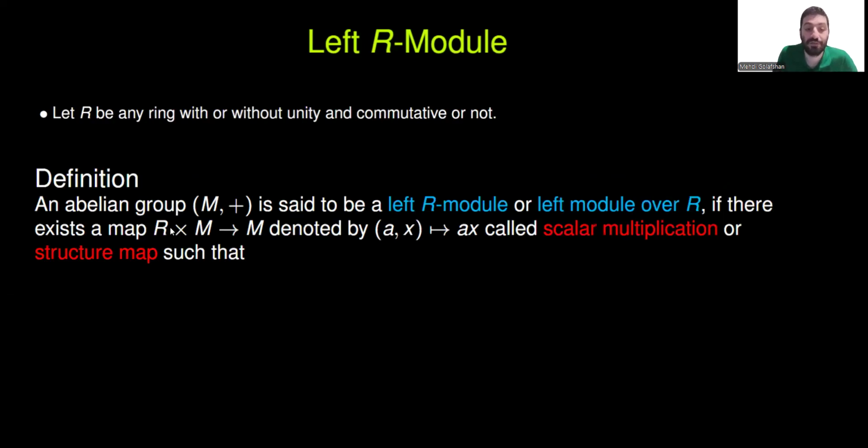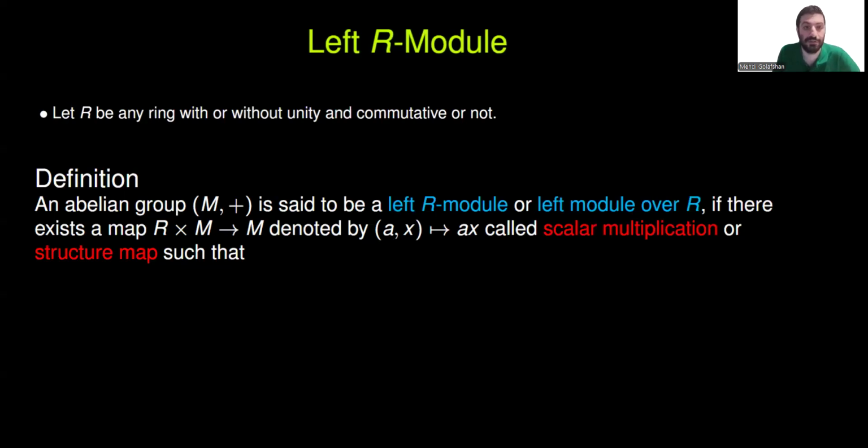We take one element from the ring R and one element from this group, and it's like multiplication. We have seen this before in vector spaces, and we call it scalar multiplication or a structure map, such that the following three conditions hold.